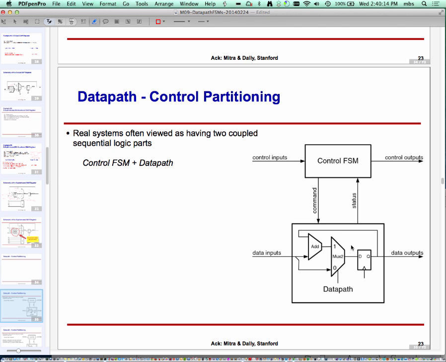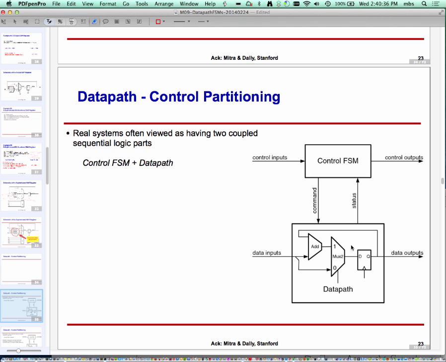So in the pattern matching example, if my task is to be on the lookout for pattern 1 and pattern 2 and pattern 3, I can either design a single state machine which does all three of them, or I can design one for the first, another for the second, another for the third, and then OR them together. Or I can do other interesting combinations.